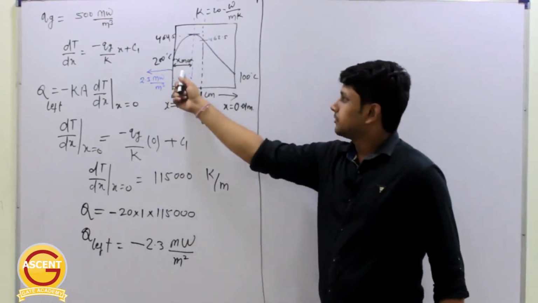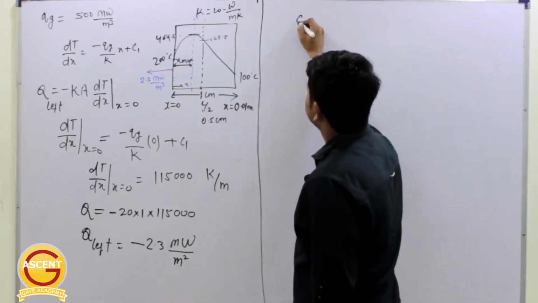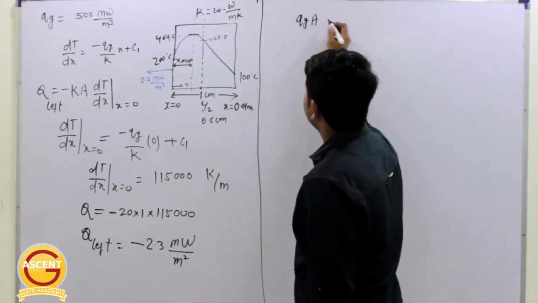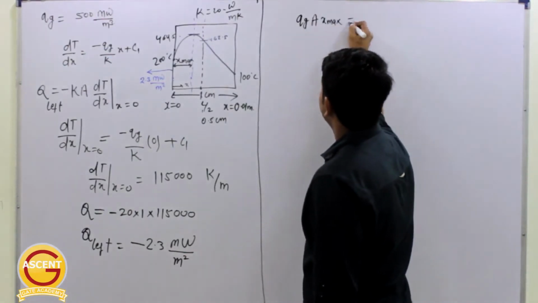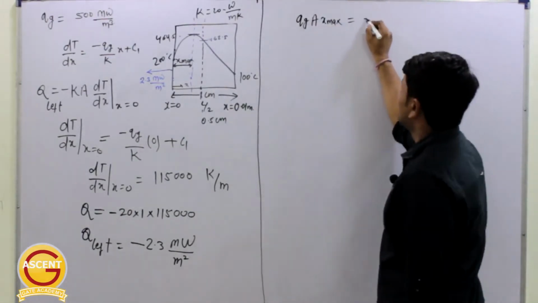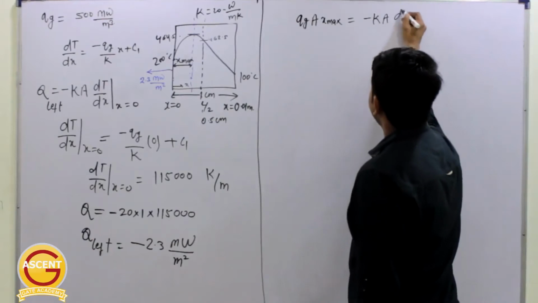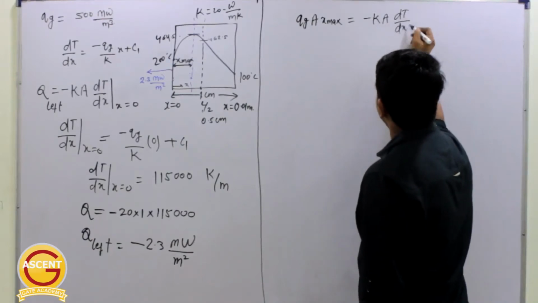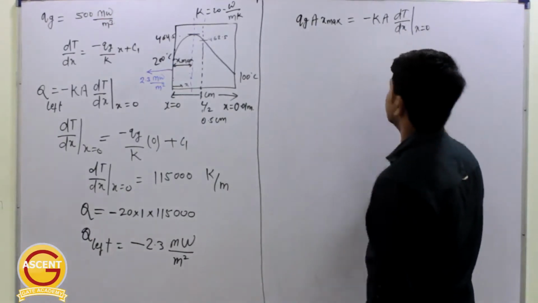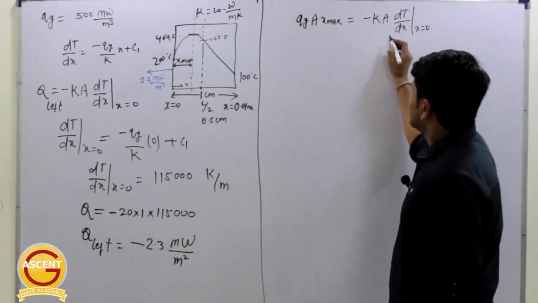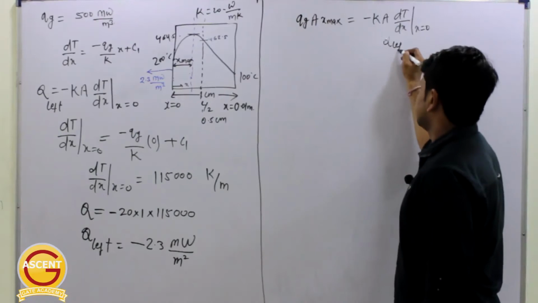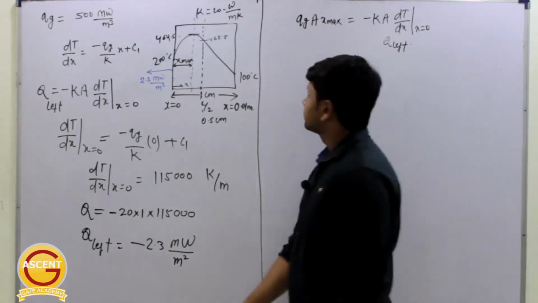First we took this left hand side and we wrote Qg into L into area into X max will be equal to minus KA dT by dx from left phase, that is x equal to 0, right. So this value is nothing but Q left, correct.